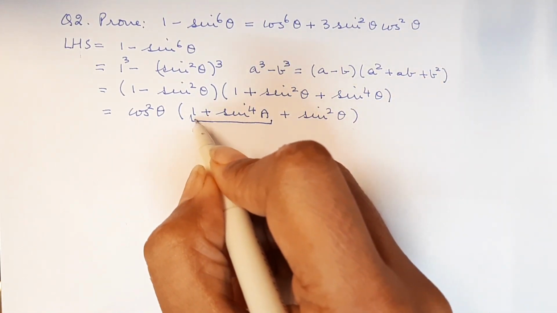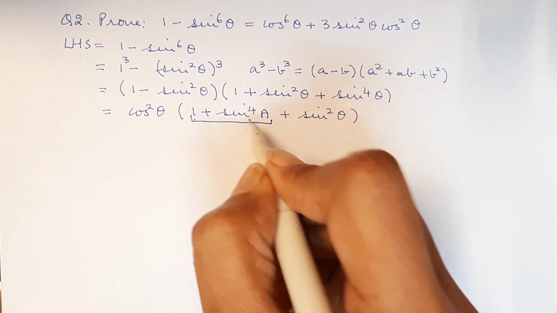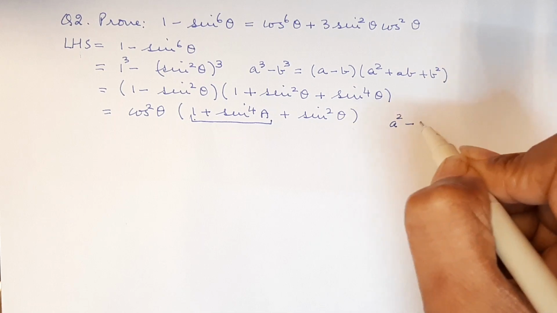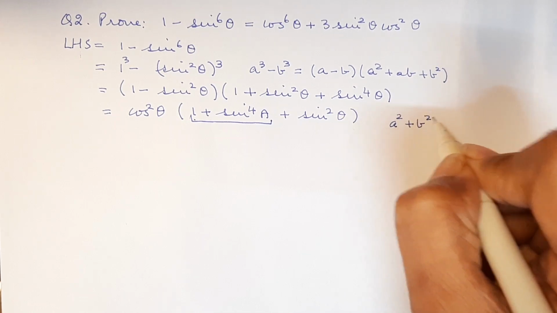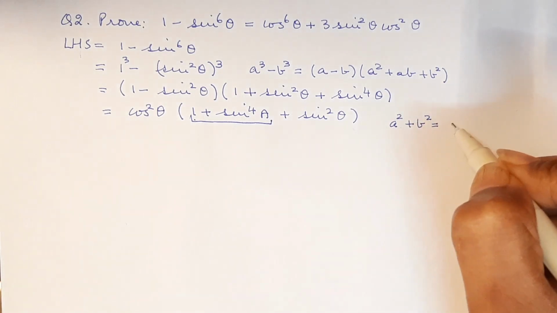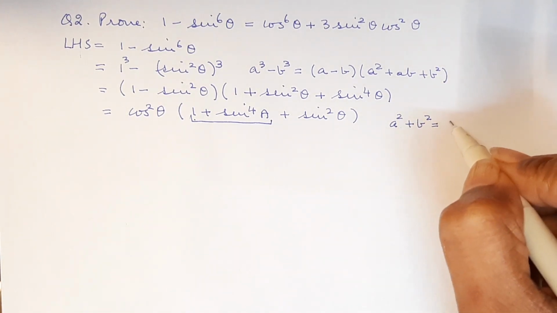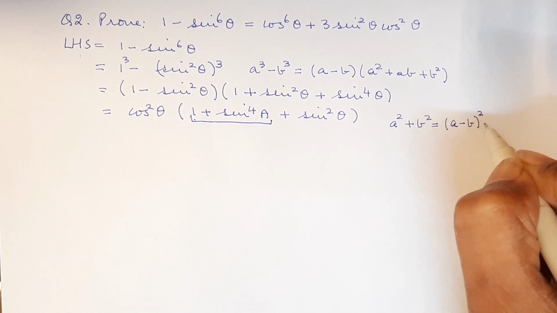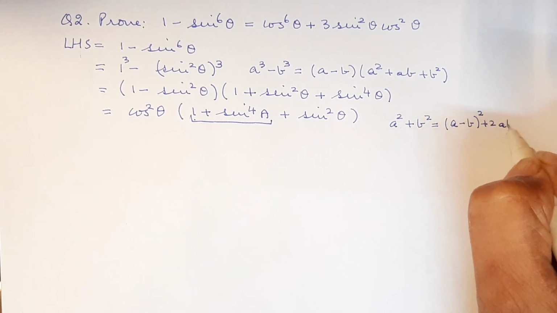So how does the conversion take place? Now can you see this is a square of 1 and this is a square of sine square. So I have a squared plus b squared, so to speak. Now what is a squared plus b squared? Isn't this equal to a minus b whole squared plus 2ab?